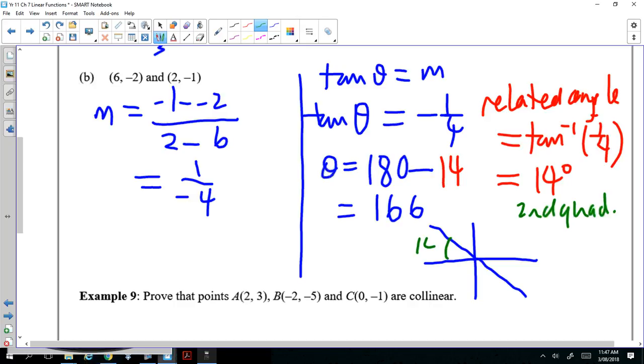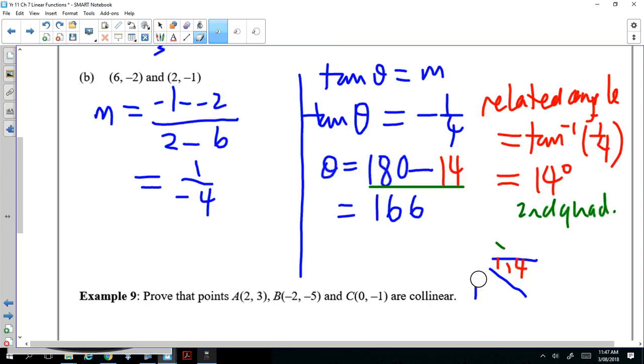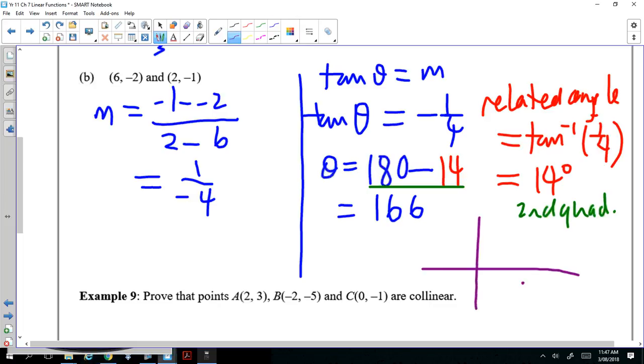So make sure your older topics are still important. In terms of the picture, it will look like this. If I draw a diagram, it will look like (6, -2) and (2, -1). And then you draw a line.